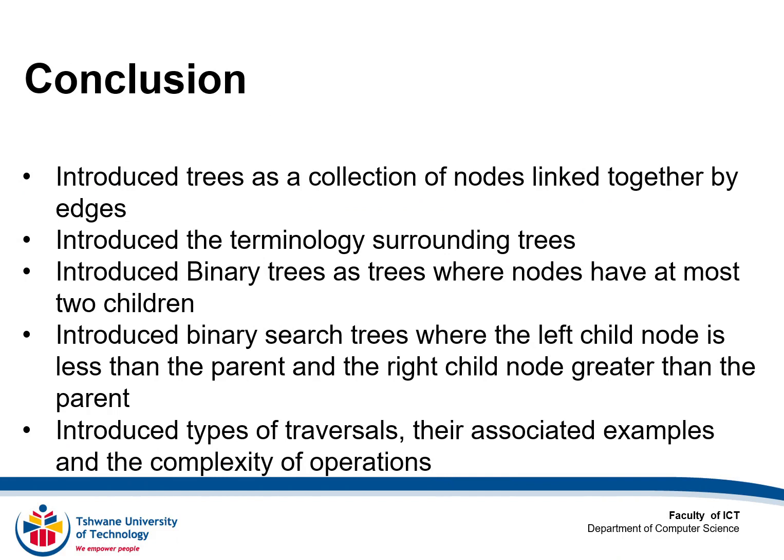As a conclusion, we introduced trees as a collection of nodes linked together by edges. I introduced you to the terminology that surrounds trees. We also learned that binary trees are basically trees which have at most 2 children.